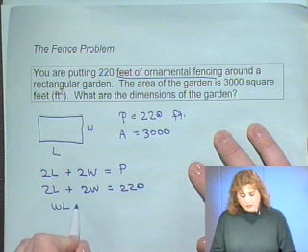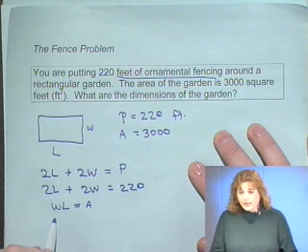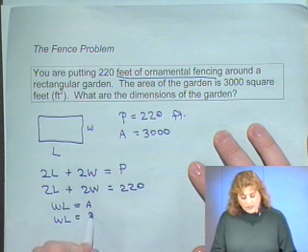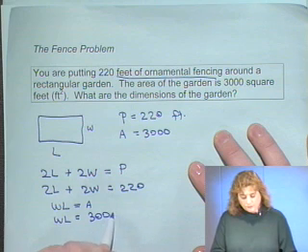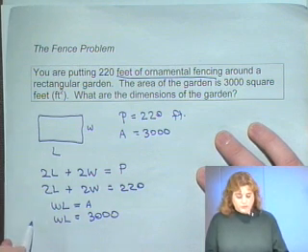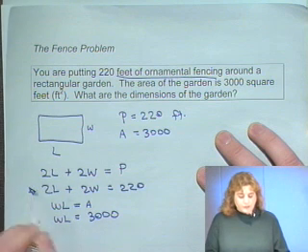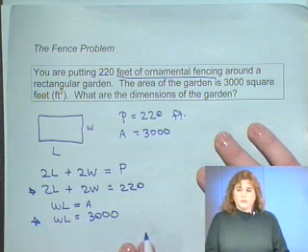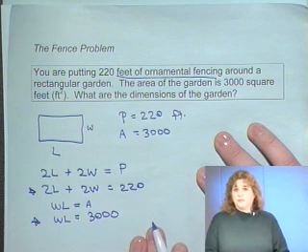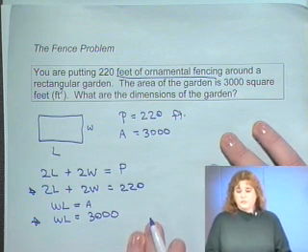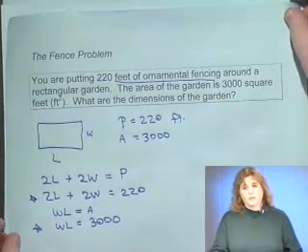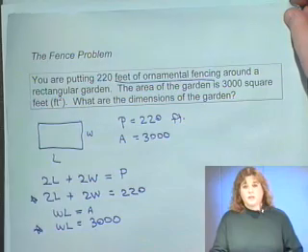So WL equals the area, and I can put a number in there, 3,000. Now I have two equations in two unknowns. My problem can be solved, and I'm going to have to use substitution. This is a system of equations, which you may remember working with in the chapter on systems.